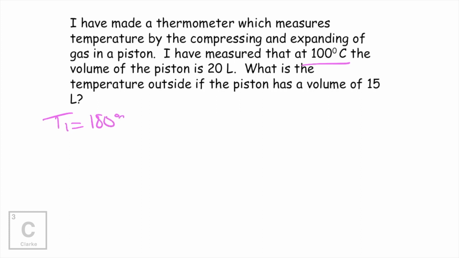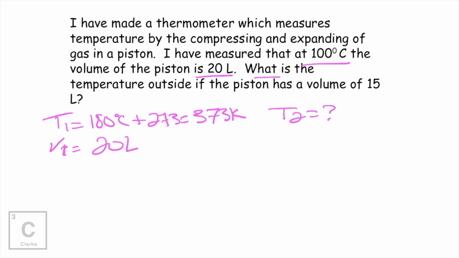That's in Celsius, so let's add 273 to get 373 kelvins. Then 20 liters, that's volume 1. What is the temperature? Temperature 2, we don't know. And the volume 2 is 15 liters.